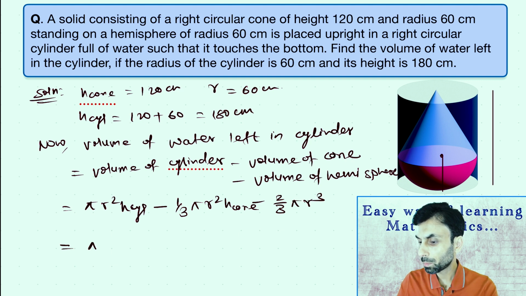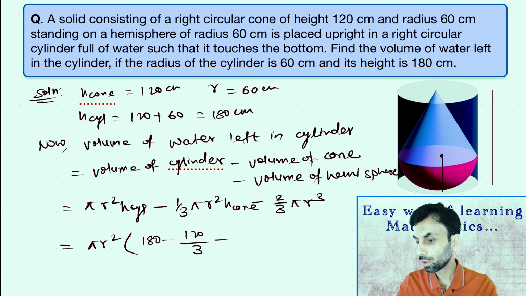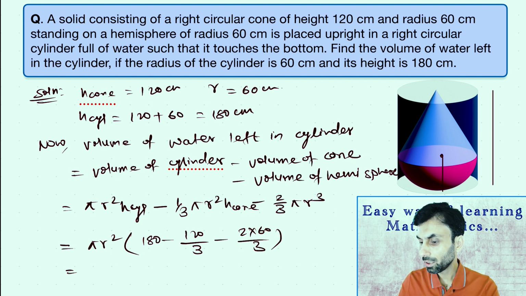We can take pi r square common. Height of cylinder is 180 minus height of cone, here is 120 upon 3, minus pi r square we have taken common, it will be 2r upon 3, where the radius is 60, it will be 2 into 60 upon 3, which will be pi we will substitute 22 upon 7, radius is 60, which will become 3600.